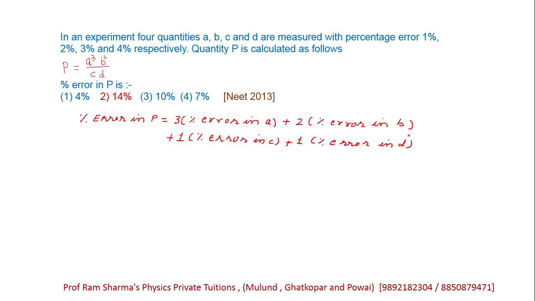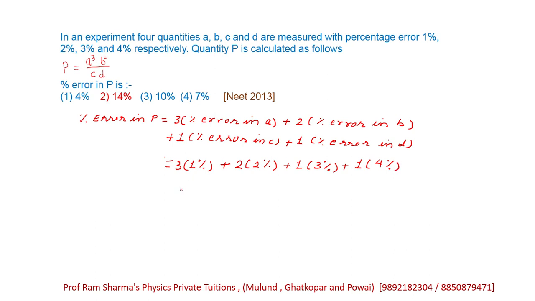And because we know all the values, we have to just substitute and get the final answer. So that should be equal to 3 into 1%, that is percentage error in A, plus 2 into 2%, which is percentage error in B, plus 1 into 3%, that is percentage error in C, and plus 1 into 4%.